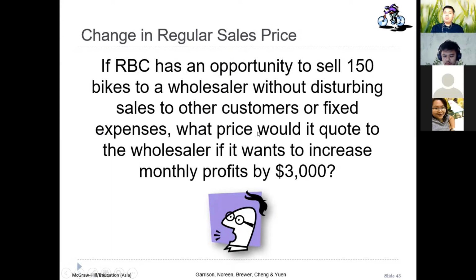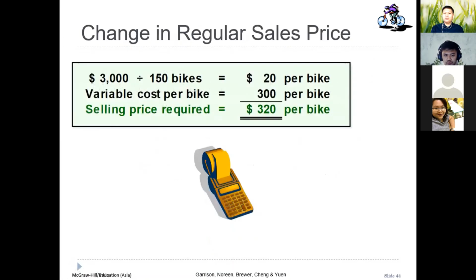Now, the requirement is to determine the selling price if you want to increase the monthly profits by 3,000. So how do we compute? So 3,000 divided by 150 bikes, okay, the answer is 20 per bike. That is your target profit per bike, 20.